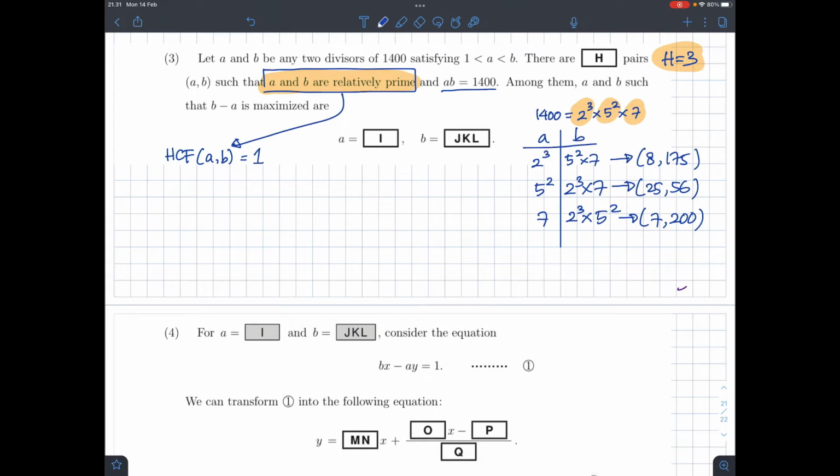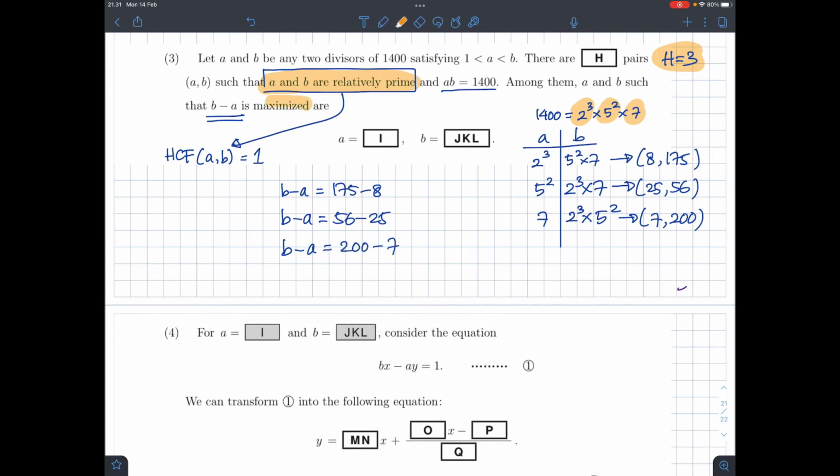Among them, A and B such that B minus A is maximized. They want B minus A as much as possible. From this we got 175 minus 8, from the second pair we got 56 minus 25, and the last pair we got 200 minus 7.